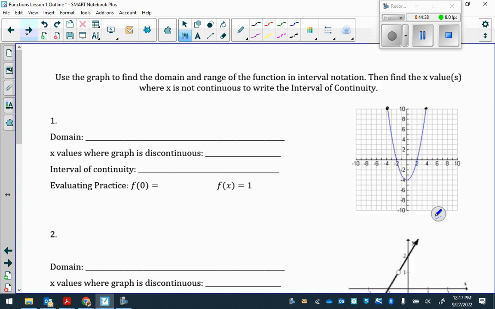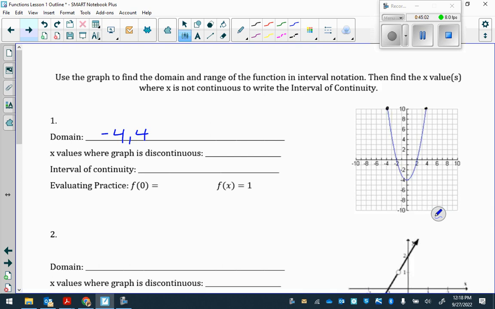And those are points at the top. -4 to where? -4 to 4.